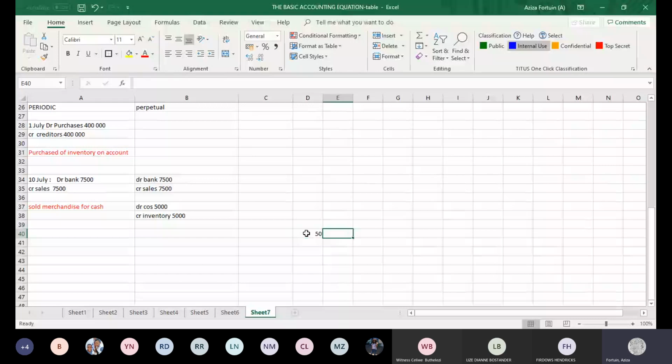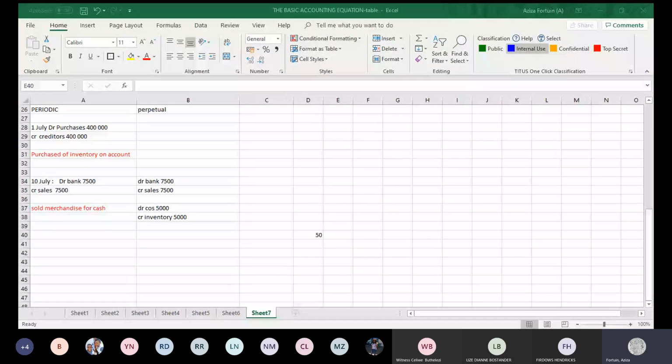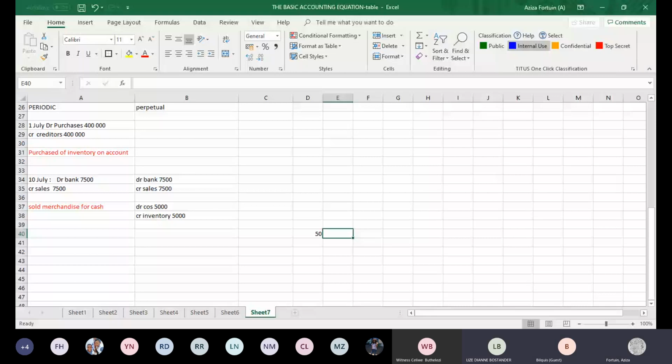Firdaus, what do you say? Is Bilkis here tonight? Bilkis is very quiet. Bilkis, what do you say? What is the markup? Also 50%. Yukisa, what do you say? It's 50%. Okay, so it's a 50% markup that they applied.